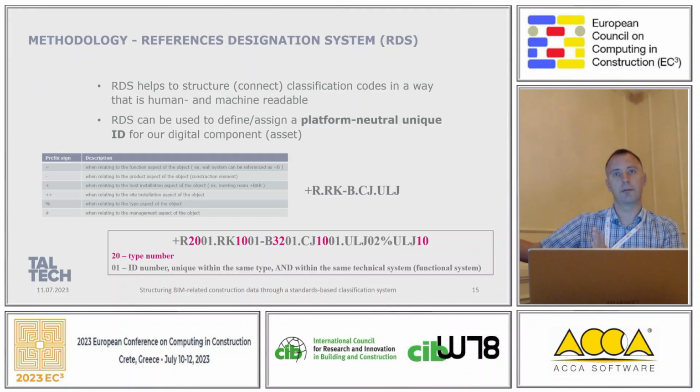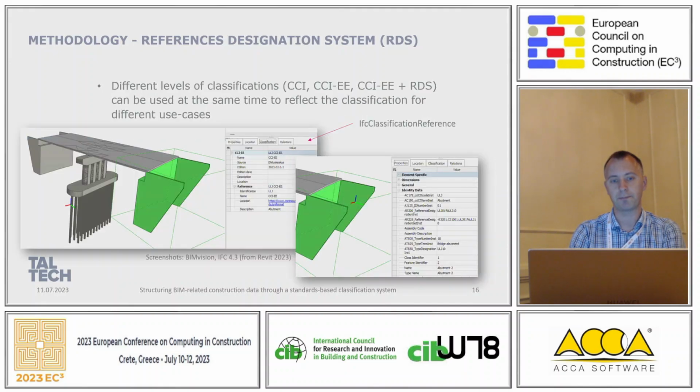It says something about the construction component, and usually those components are connected to the same entity or building, for example, or infrastructure object. So with type number and ID number, you have, let's say, type number 32, and you have, let's say, 50 of those components in one entity or in one technical system. So it's a structuring possibility.